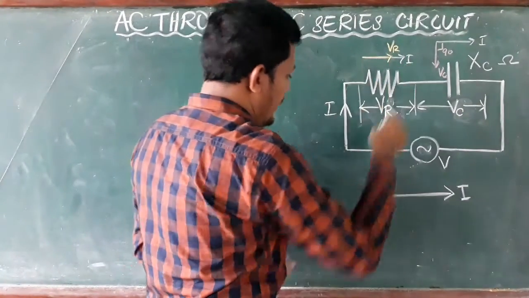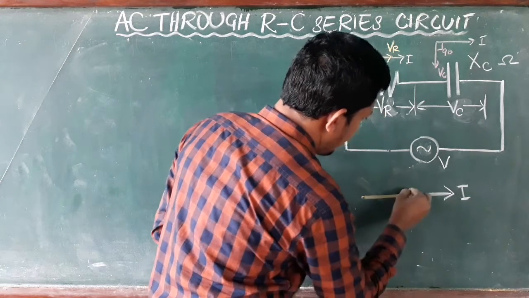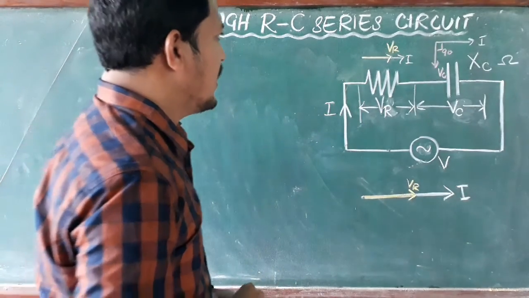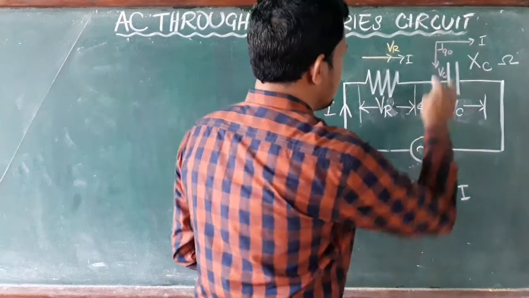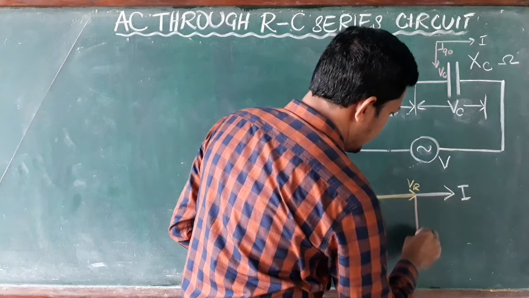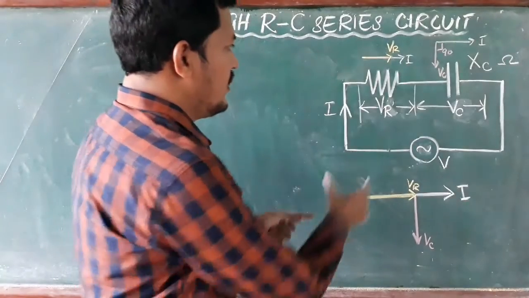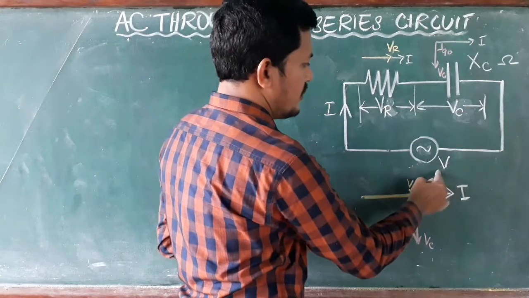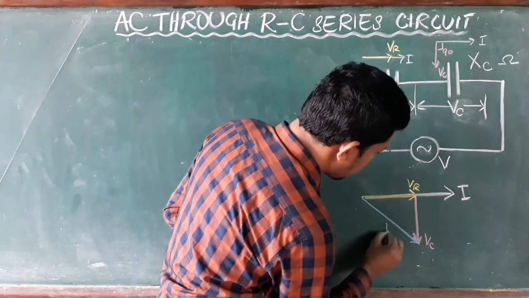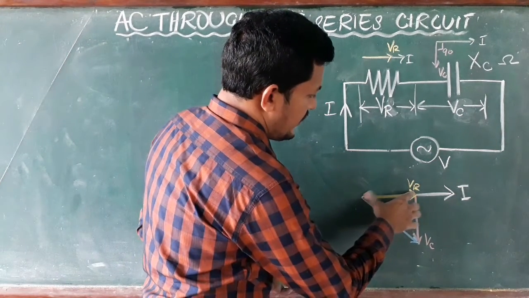The voltage VR across the resistance is in phase with the current, and VC, the voltage across the capacitor, lags the current by 90 degrees. It is very clear that VR plus VC gives the total voltage, so we can draw the total voltage V. Total voltage V equals VR plus VC.